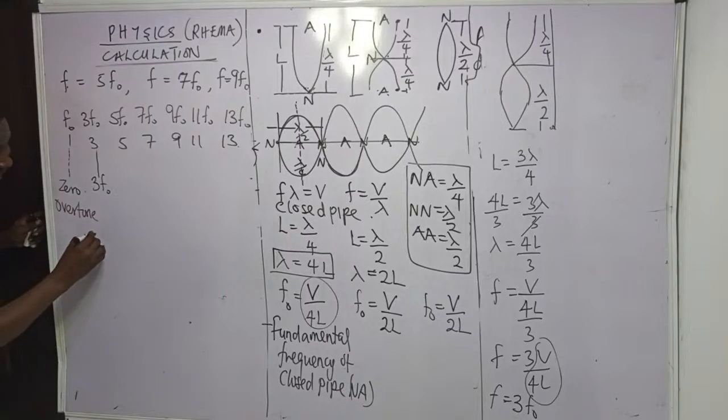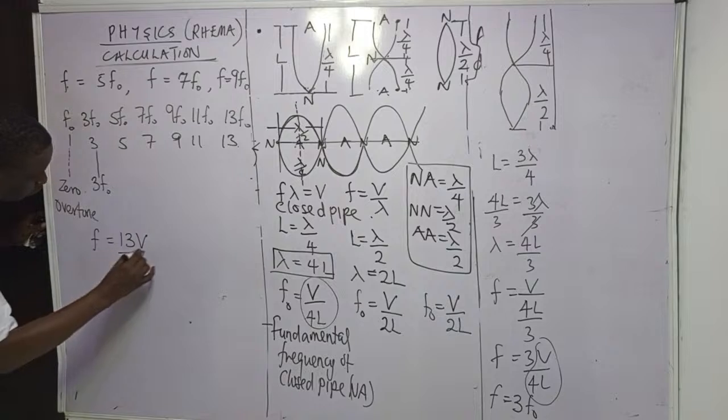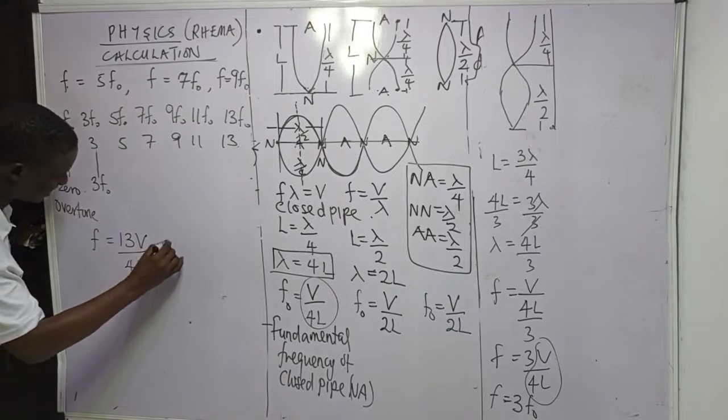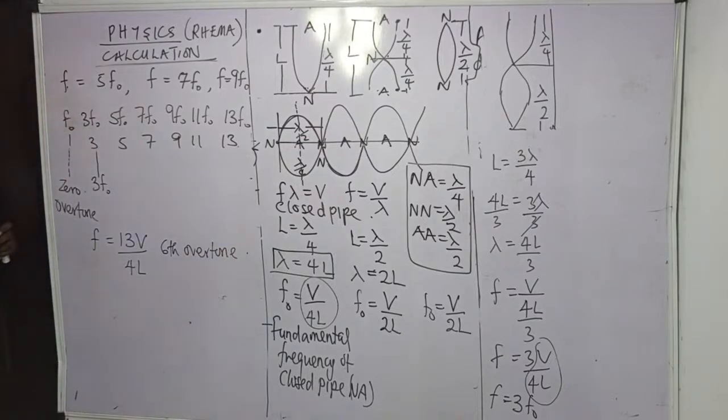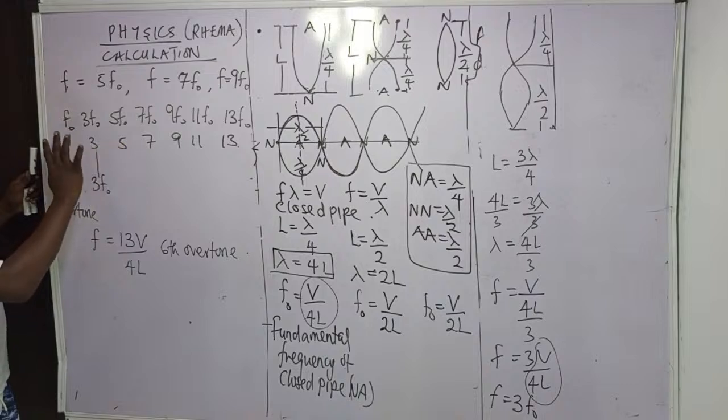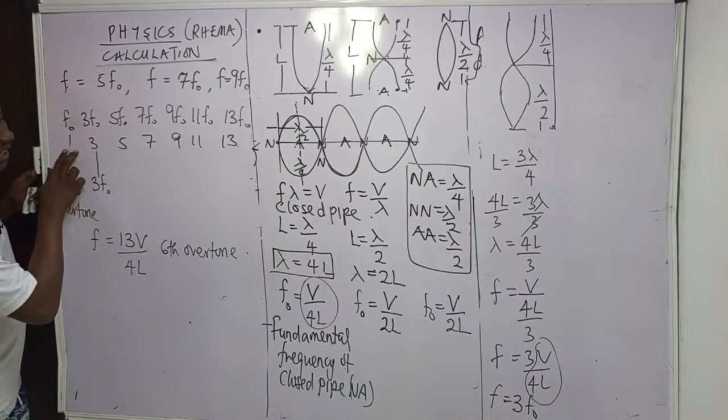So I will now write it. The sixth overtone is equal to 13V over 4L. How do I get it? Don't forget that closed pipes have odd numbers starting from 1.